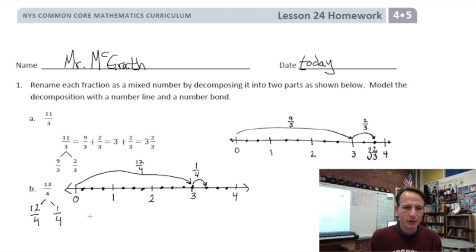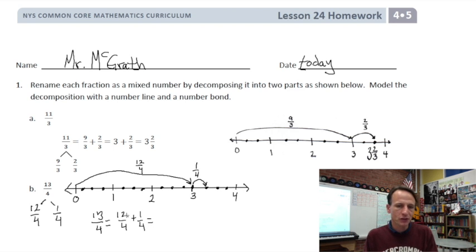So we'll write it out here as 13/4 equals 12/4 and 1/4. Now we know 12/4 is equal to what whole number? 1, 2, 3, right? 4, 8, 12/4. So it's equal to 3 and another 4th. So all together 3 and 1/4.